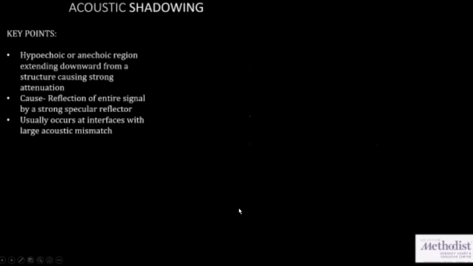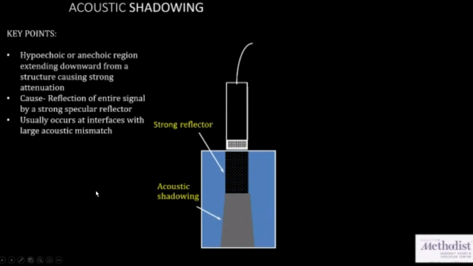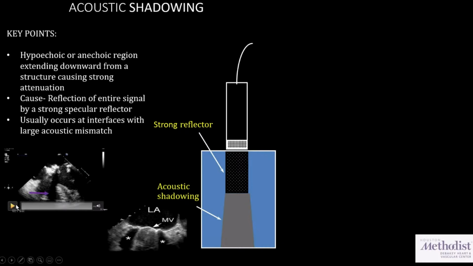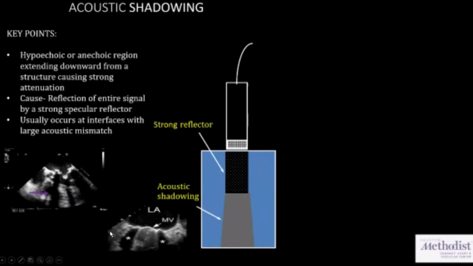All right, let's quickly talk about acoustic shadowing artifacts. It's nothing but a hypoechoic or anechoic region extending downwards whenever you have a structure which has strong attenuation in between. It usually occurs at interfaces where there are large acoustic mismatches. Like you see here, this is a bioprosthesis, and the sewing ring here is the strong reflector, which is causing the streak of acoustic shadowing.